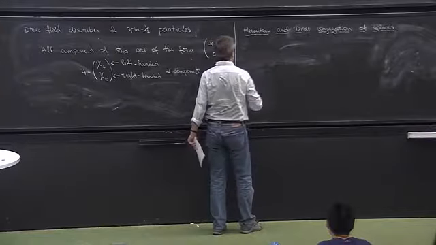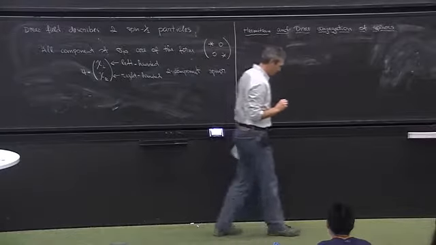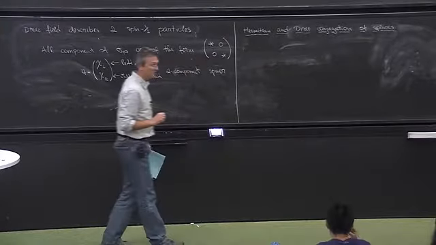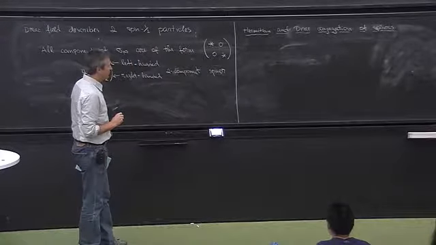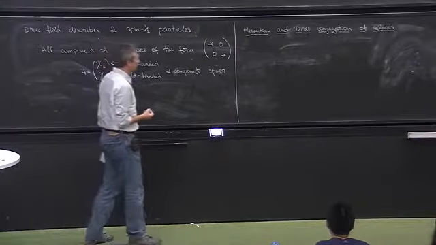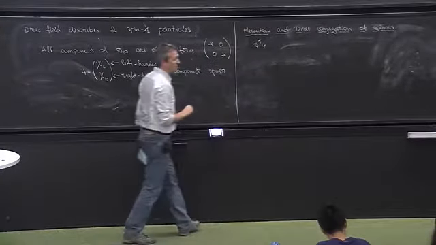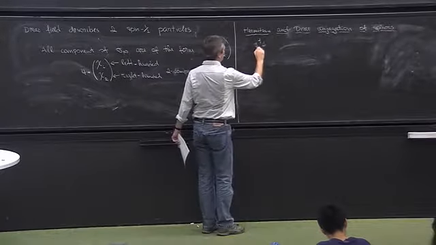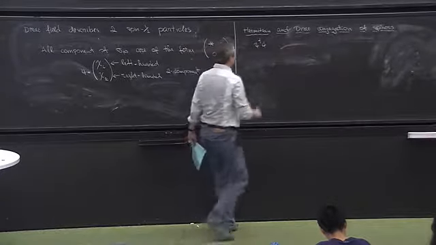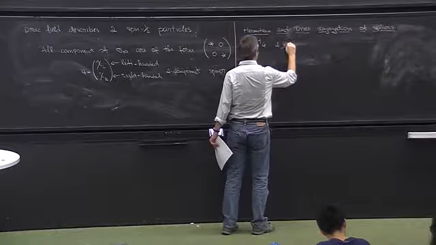Namely, suppose that we want to build... so psi can be interpreted as some wave function of something. So suppose that we want to consider a number density made of this wave function, so that we take psi dagger and multiply it by psi. And here it is implied that we contract the spinor indices. The question is if this is a Lorentz scalar.